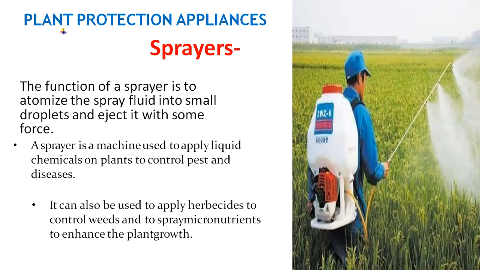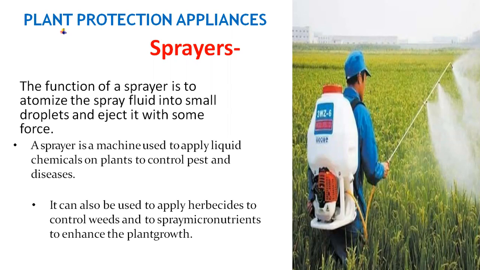It can also be used to apply herbicides to control weeds and to spray micronutrients to enhance plant growth. So this equipment used for spraying chemicals is known as a sprayer.